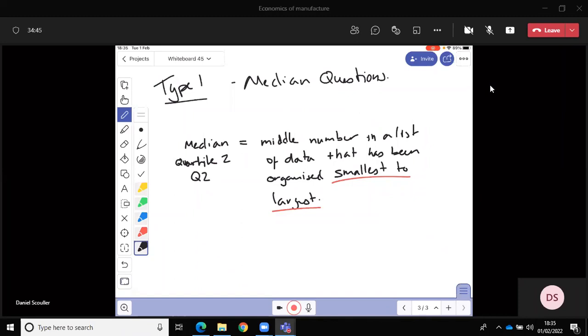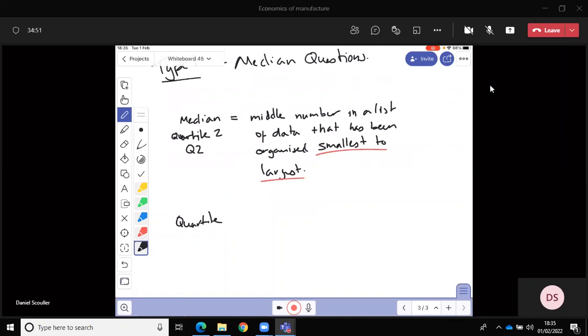Okay, so quartile is splitting the list of numbers into 4 equal parts.